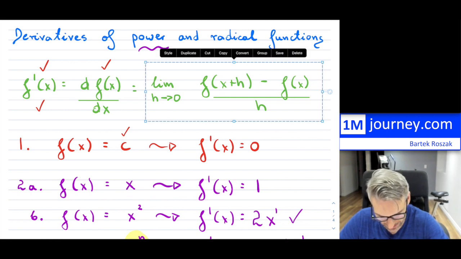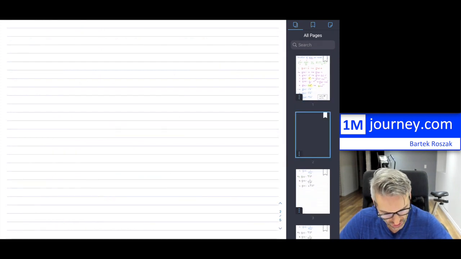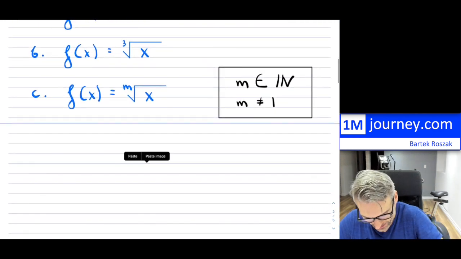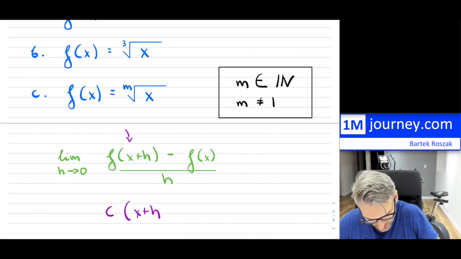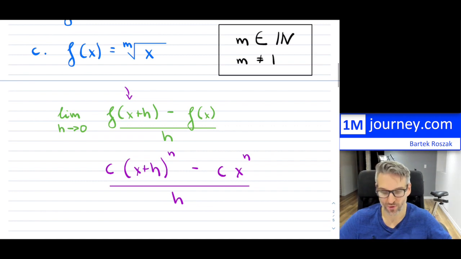I'm going to substitute an extra page in here just to show you that there is no worry about a constant in here, because what you're going to get is c times x plus h to the n minus c x to the n all over h, like so.